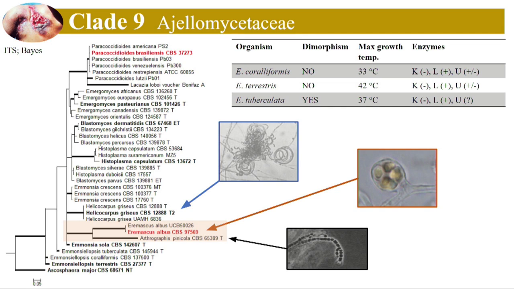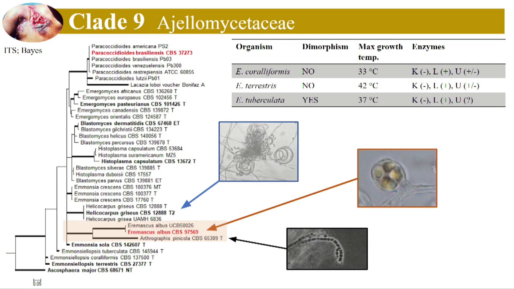And there is also Helicocarpus, which has coiled appendages. And we also saw here Onygenales was outside of the family, which was described before in the family. So maybe especially Onygena terrestris can be a kind of ancestor of this family because it has no dimorphism.